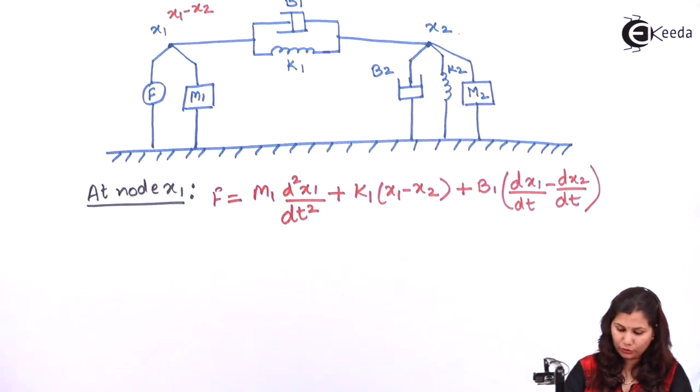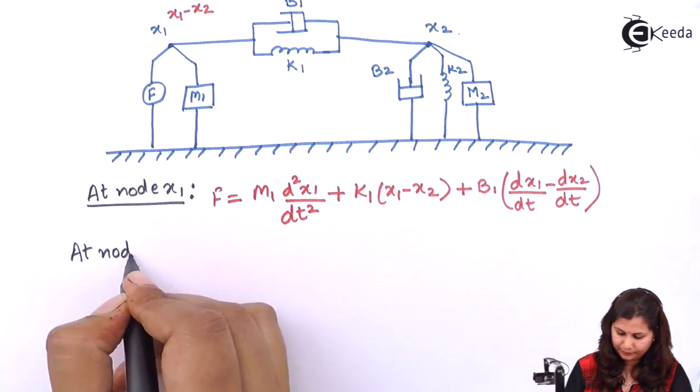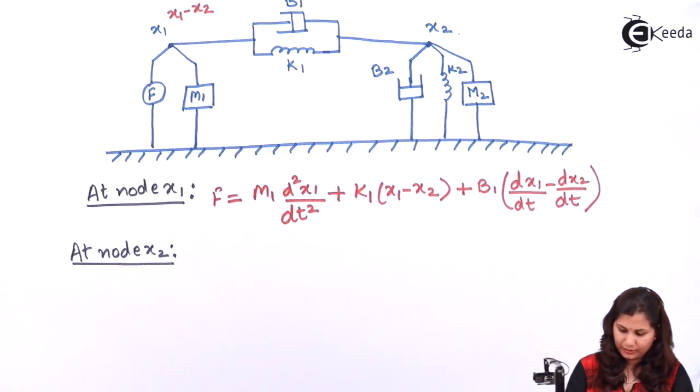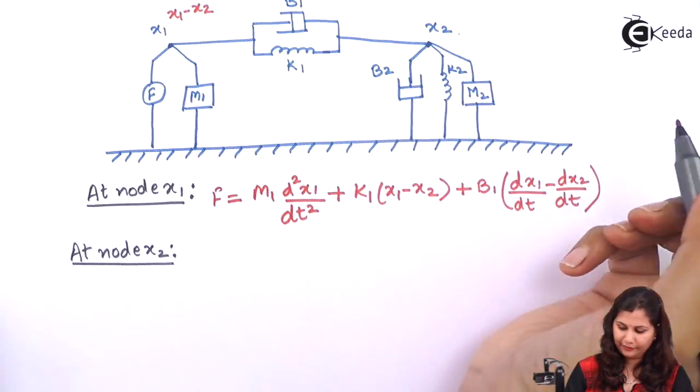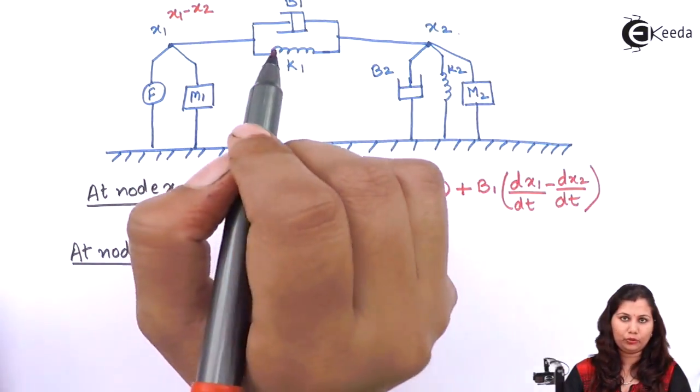Now for node x2, we will have B1 and K1 also, and B2, K2, M2 also.